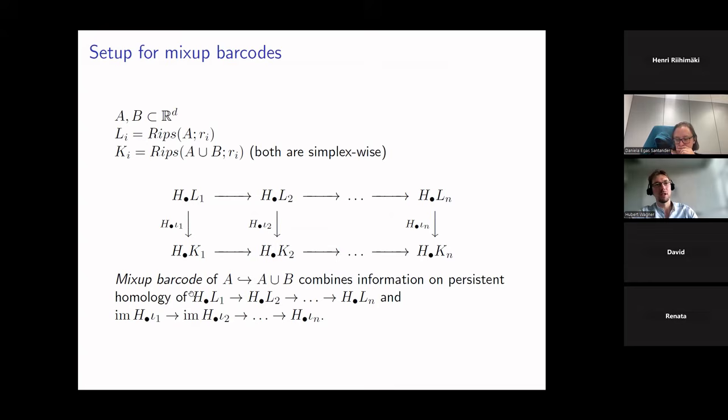I'll be interested in just standard persistent homology of L, or rather the persistence module induced by L, and also I will be interested in what's known as image persistent homology, which is just persistent homology of the image of this vertical inclusion here.